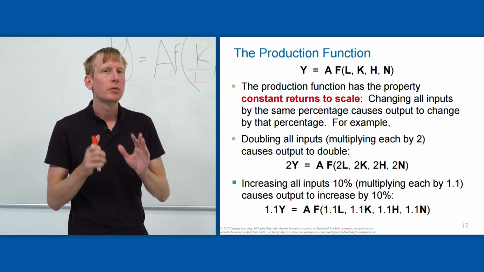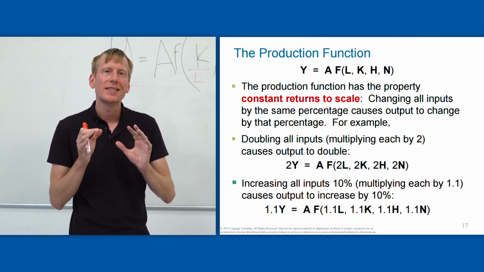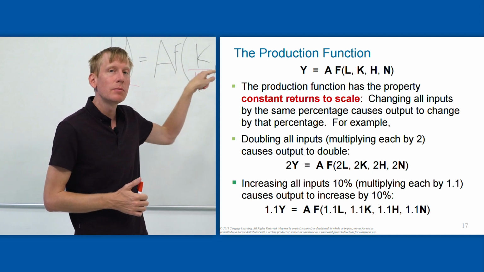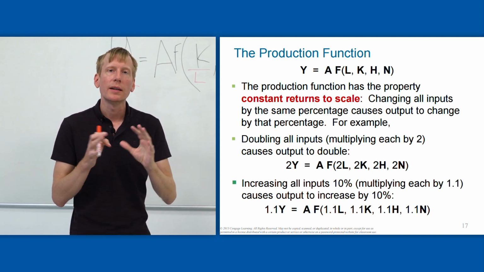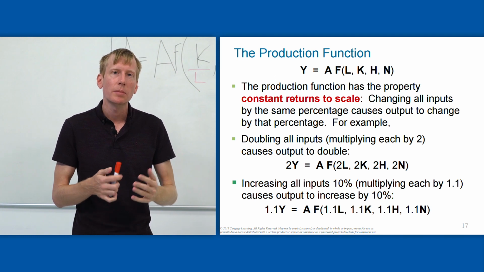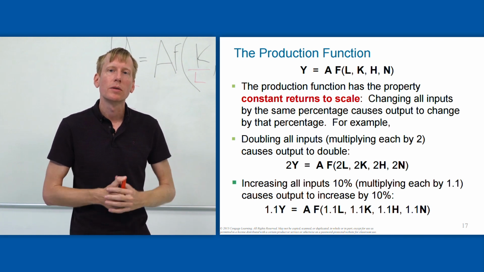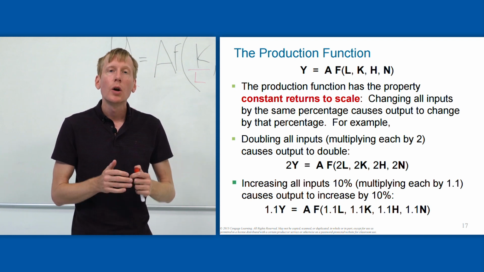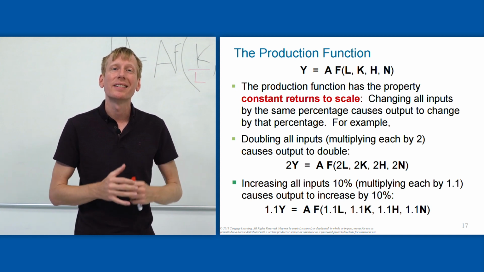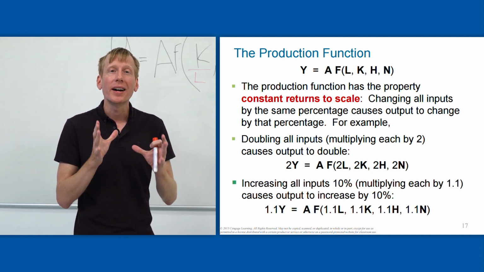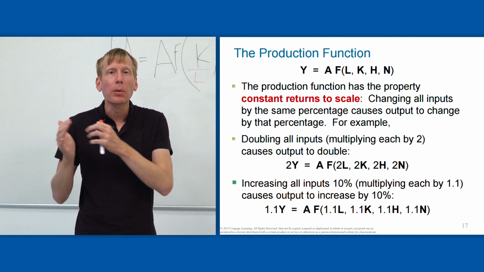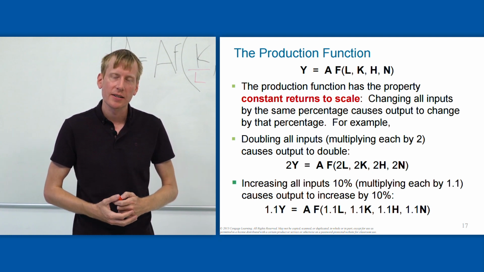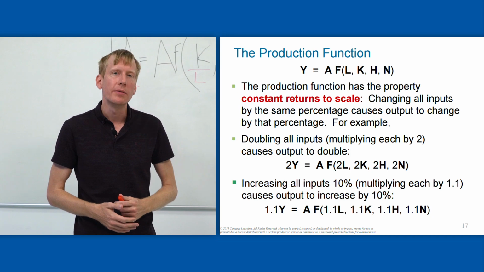What that means is that if we were to double each of these inputs, it would work in the same way as for our individual firms' cost curves when we talked about constant returns to scale, where we could simply open another identical restaurant or another identical factory and double our output without increasing our costs, without decreasing our productivity.